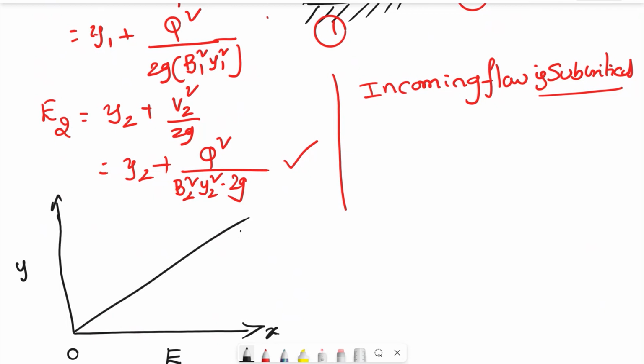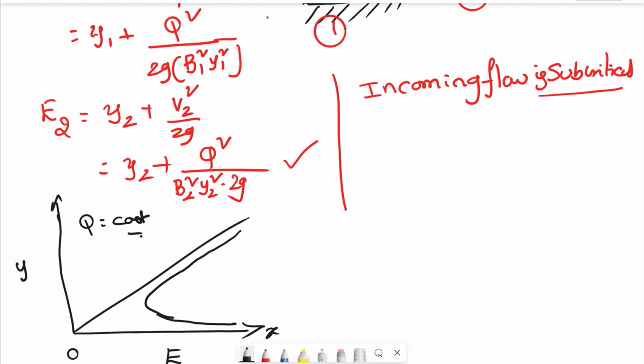And if I draw that, this is how the specific energy curve looks. Now, what will happen if you observe it? This is for a particular discharge. Here, Q is basically constant. Now, what I told, width is reduced.